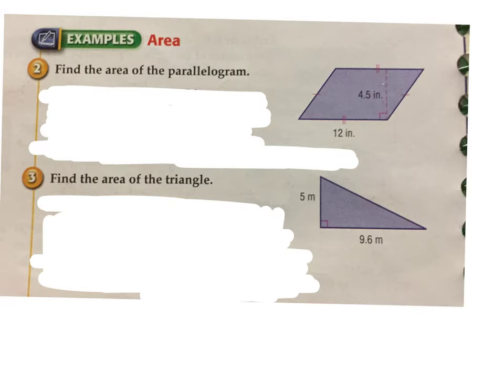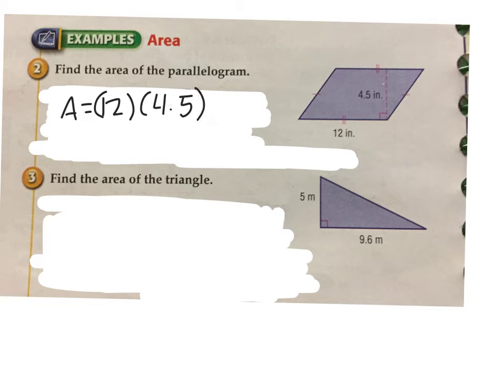Number 2 tells me to find the area of the parallelogram. I know that the area is going to be equal to the base times the height. So what's the base here? 12. What's the height? 4.5.